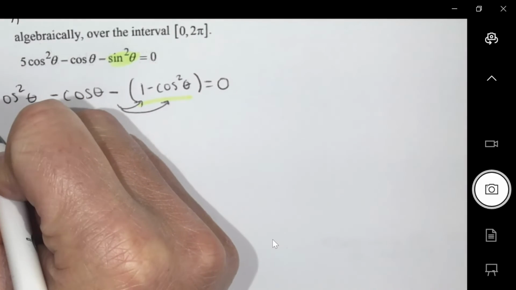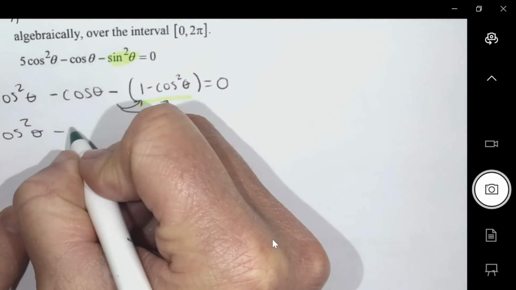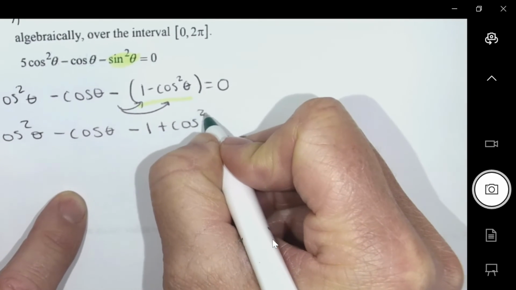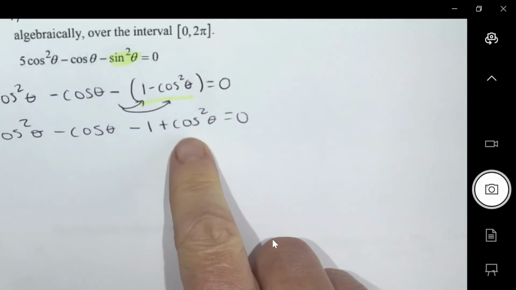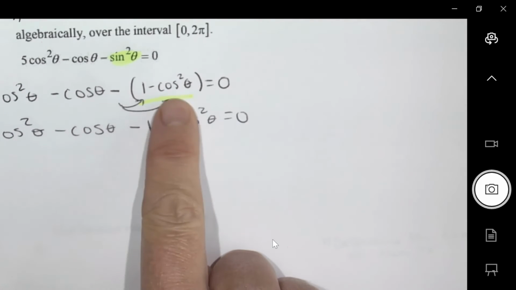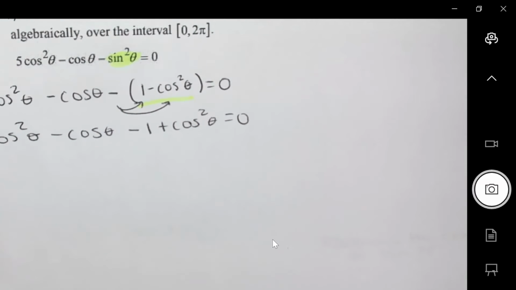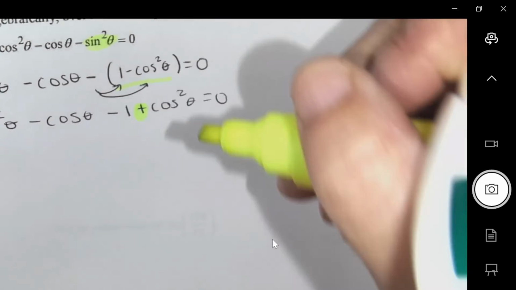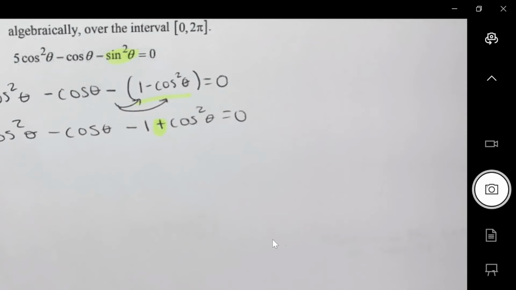Okay, so 5 cos squared. So that probably would have caught some people. They would have just put it in there without the brackets. It would wreck. That sign would have caused the problem right there. Okay?